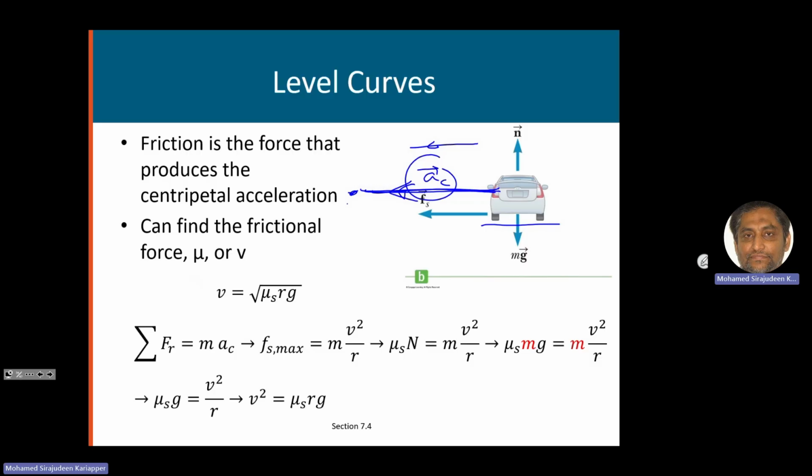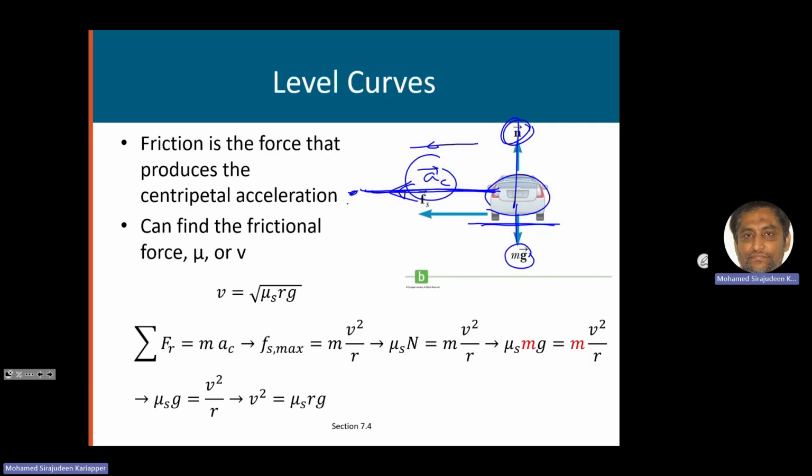Now, what are the forces acting on this car? It has a weight, mg, like that, and the normal force from the road on the tires. Let's say these are the only forces. On the face of it, it looks like those are the only forces.